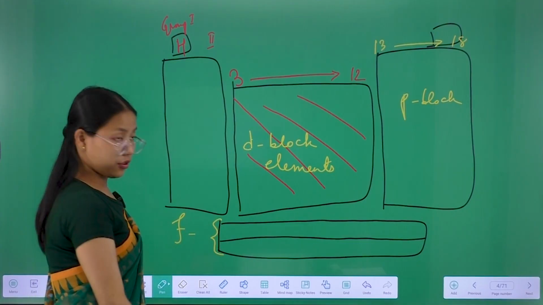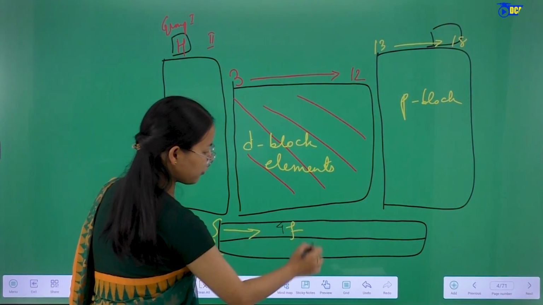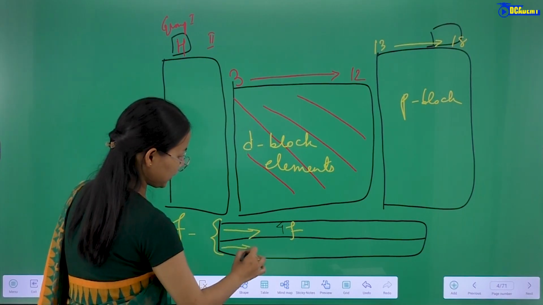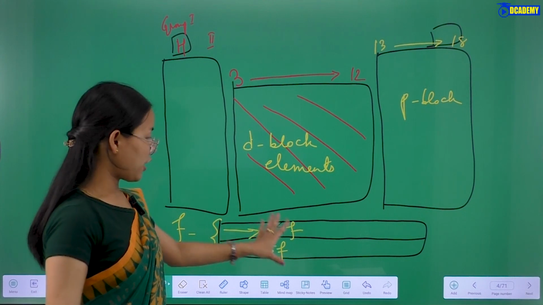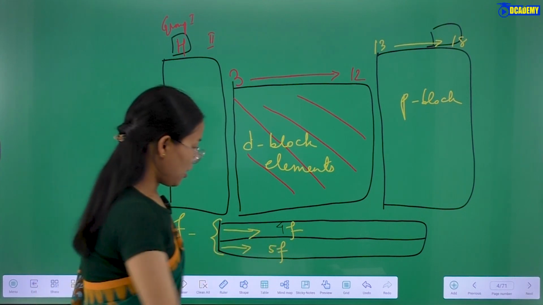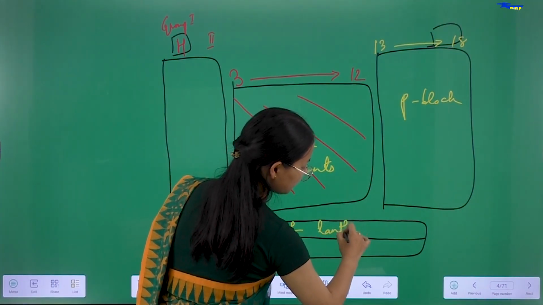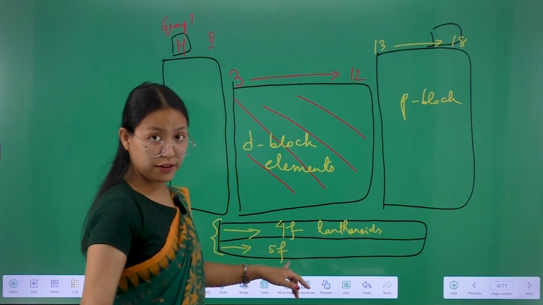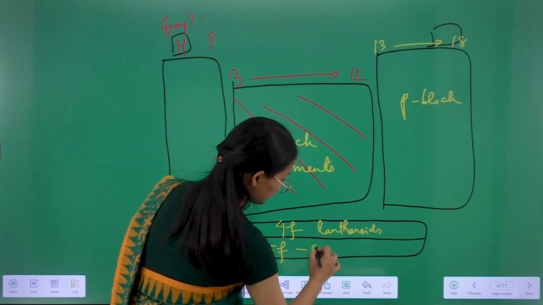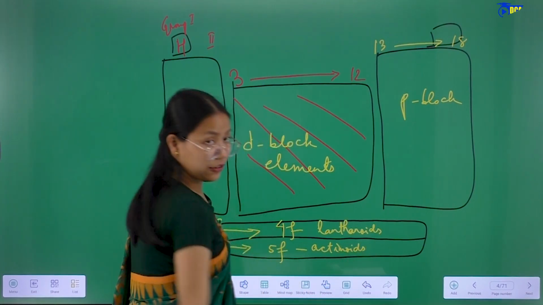Now, the F block elements. This is F block. This one will be the 4F series and this is the 5F series. 4F is lanthanoids. 5F is actinoids.